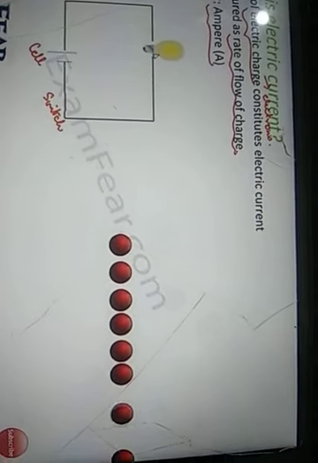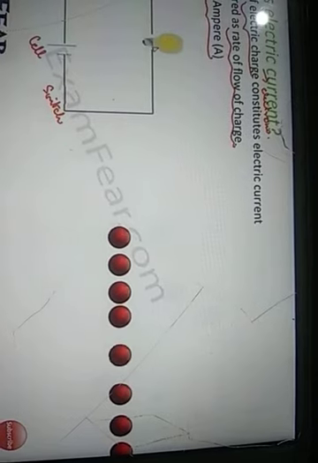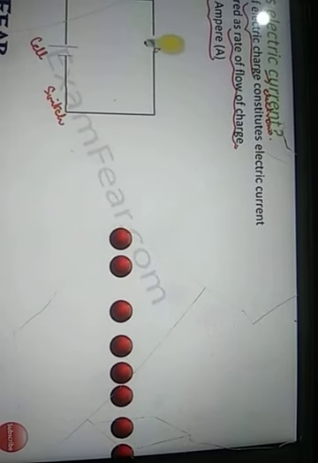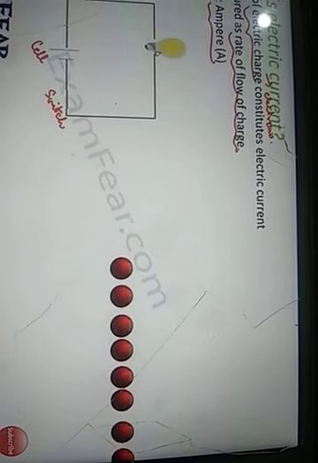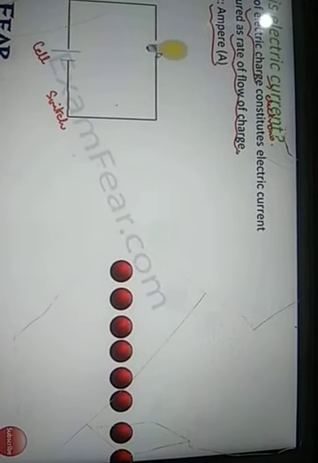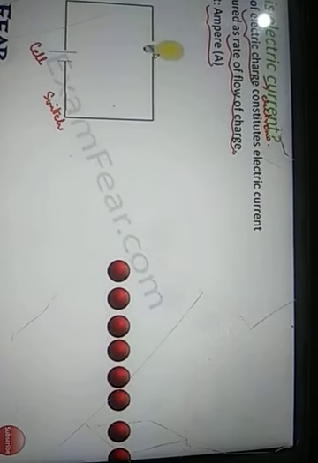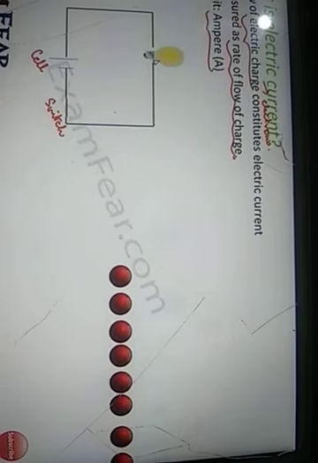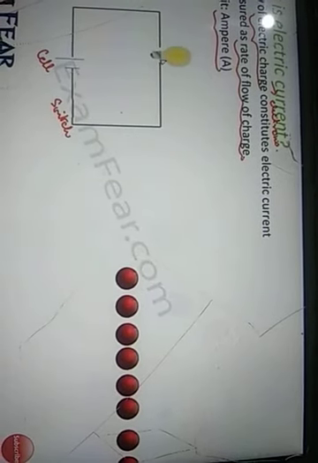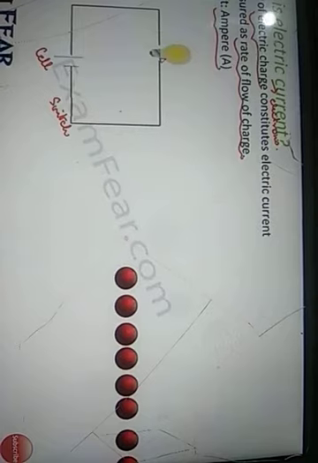Now as these balls move, the second also moves, the third also moves, and so on. This process of movement continues. The rate of the movement, how fast they are moving, determines the current. So the electrons are like these balls. Whenever these balls stop moving, the current is zero. So current is determined by the movement of these balls.